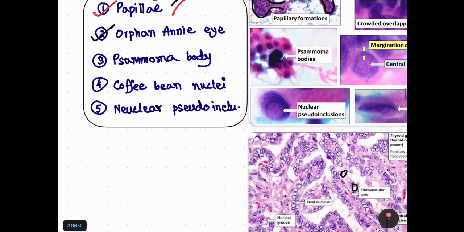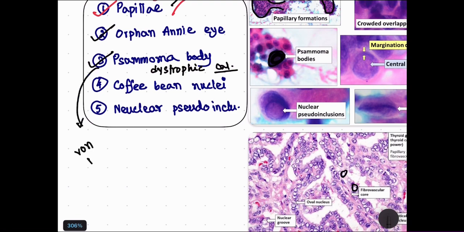Next is the Psammoma body. Now what is a Psammoma body? It is a focus of dystrophic calcification. Please remember, this dystrophic calcification appears as black colored bodies when we stain it with, what is the stain for calcium?